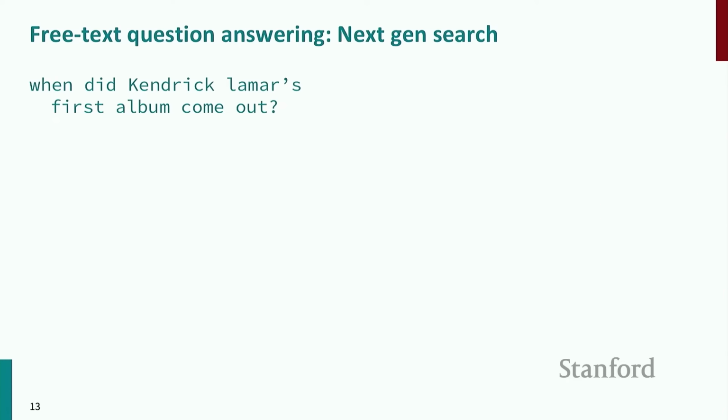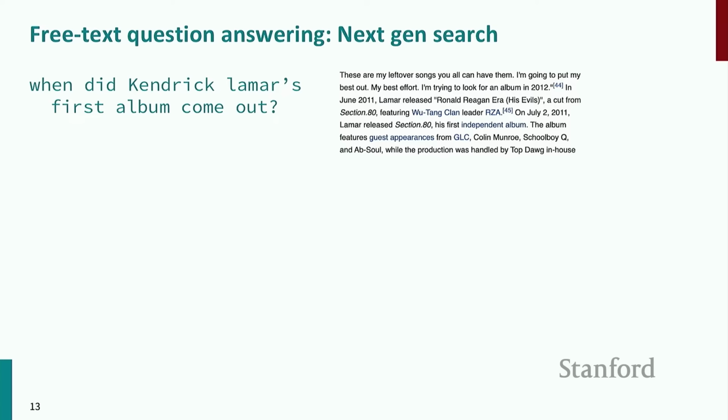But these days, you can put an actual question into a modern search engine, like when did Kendrick Lamar's first album come out? It can go and find documents that have relevant information, read those documents, and give you an answer, so that it actually can become an answer engine rather than just something that finds documents that might be relevant to what you're interested in.